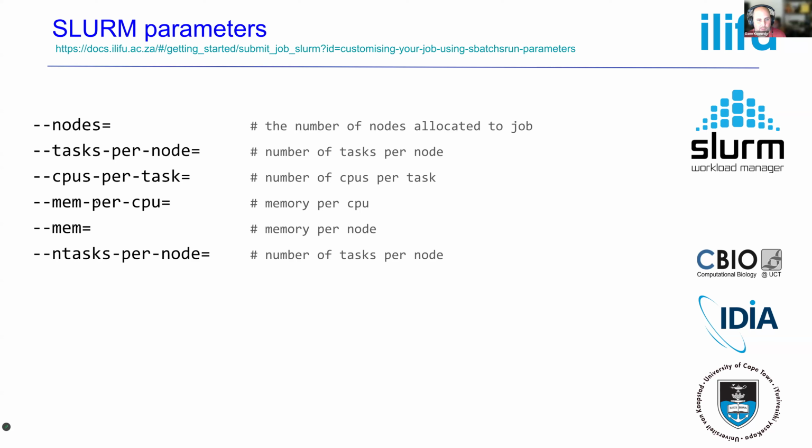We can specify memory in 2 different ways. We can say how much memory we need per node or per CPU. And you'll know what you need to use based on your computation. Sometimes people need to scale the memory by the number of cores they're using, but sometimes it's more fixed and you can just specify the memory.